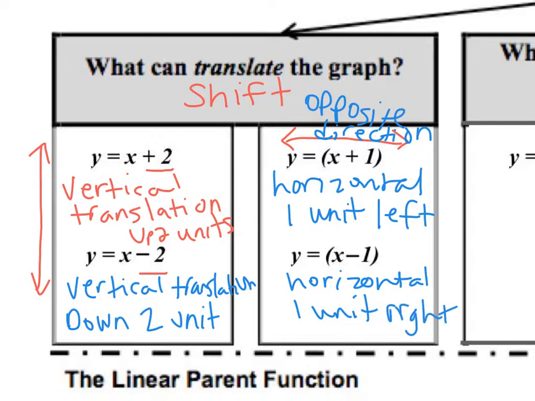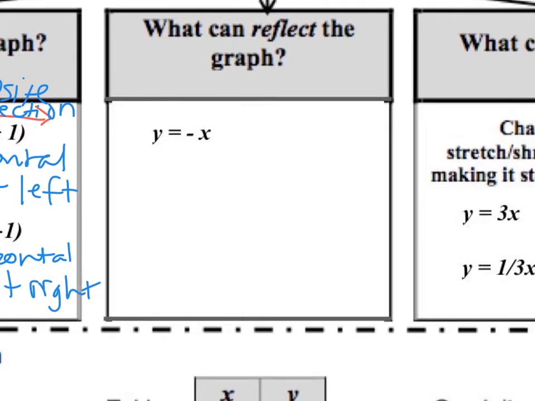Now, we also had reflections where we reflected across the x-axis. In quadratics, we were looking at the negative sign in front of the a value. In linear, we're going to be looking at the negative sign in front of the slope.